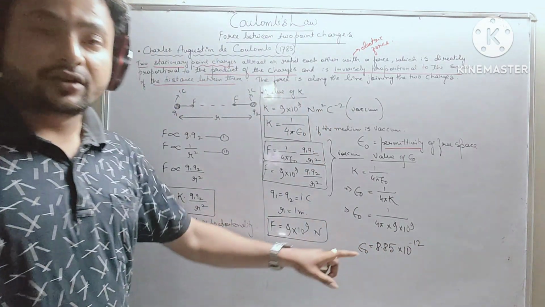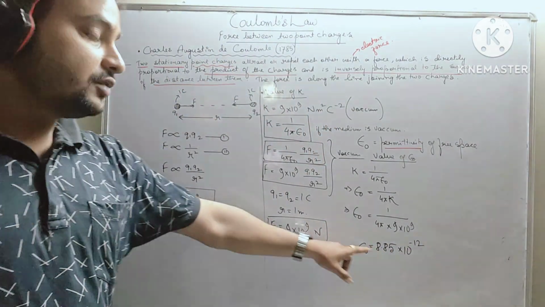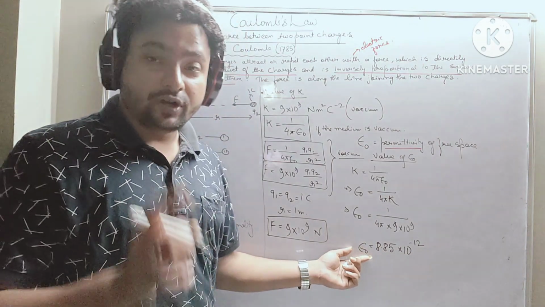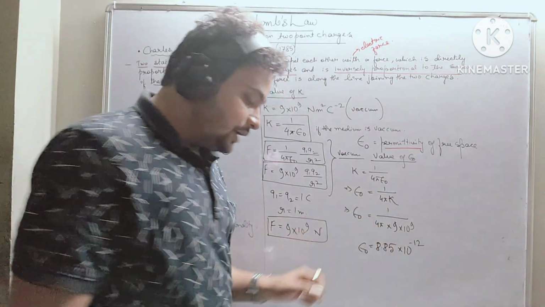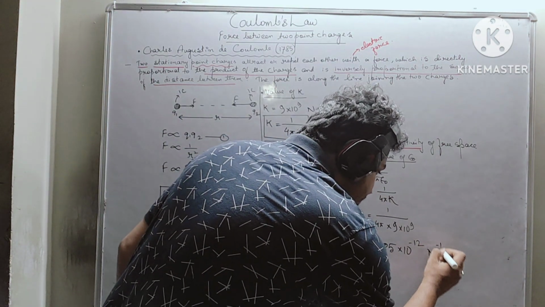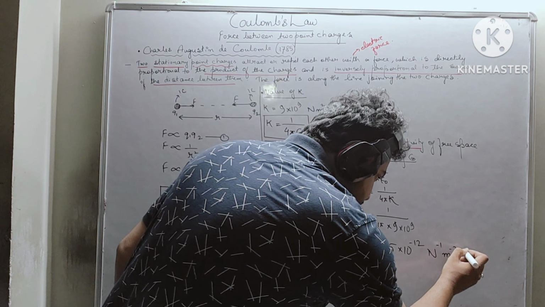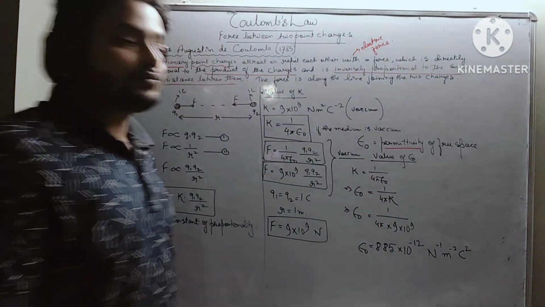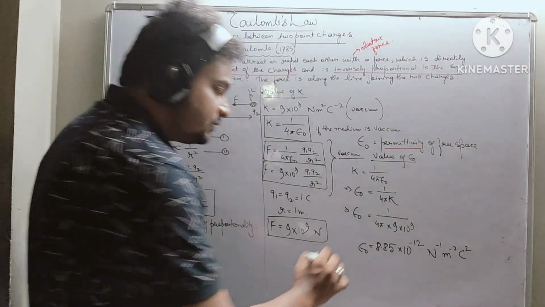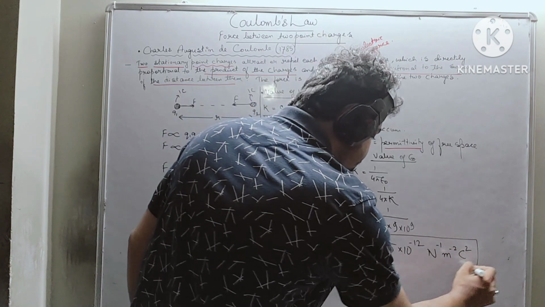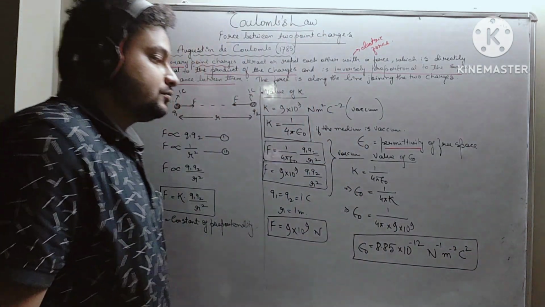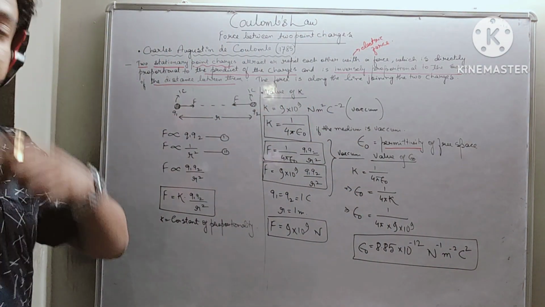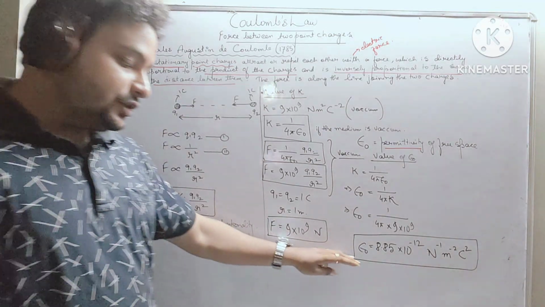Remember, this epsilon naught is also a constant, and it is for vacuum. The unit will be Newton minus 1, meter minus 2, Coulomb square. This is the value of epsilon naught.